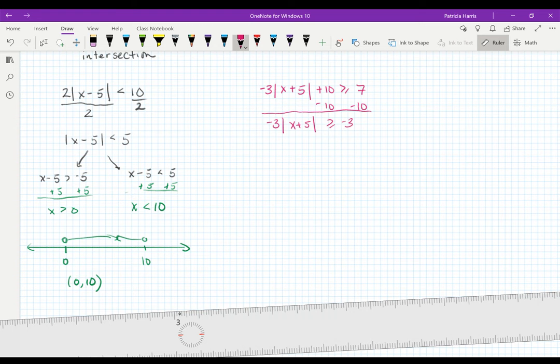Now, when you divide by a negative, remember you have to switch an inequality symbol. So when we divide by this negative 3, we get that. So again, positive and negative case. Negative case, remember to switch your inequality. Positive case, everything stays the same. Solving by subtracting your 5.